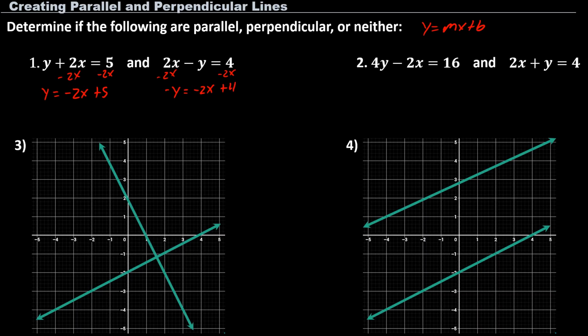It has that negative with it. So we're going to divide this whole thing by negative 1, giving us y is equal to positive 2x minus 4. Now as we look, they have opposite signs, but they are not flipped versions of each other. They're both just 2. So number 1 is neither.